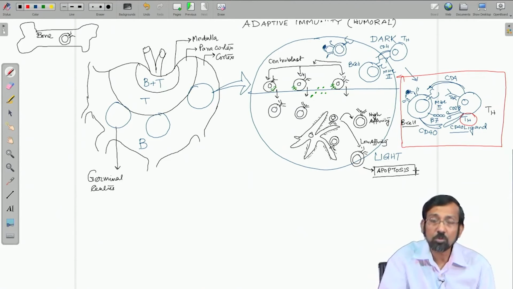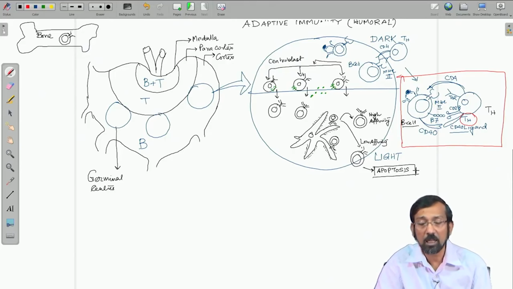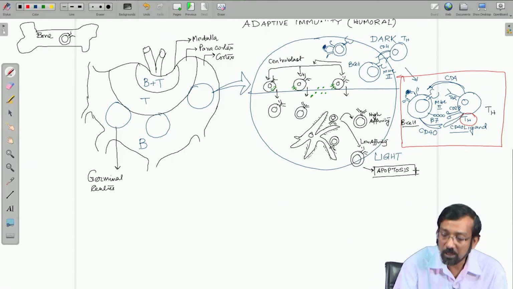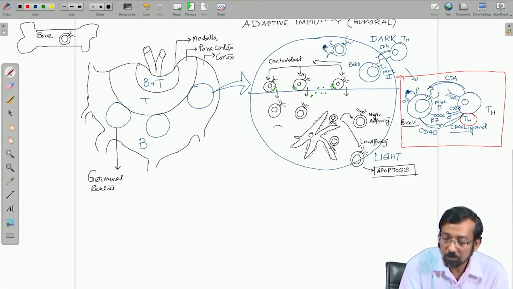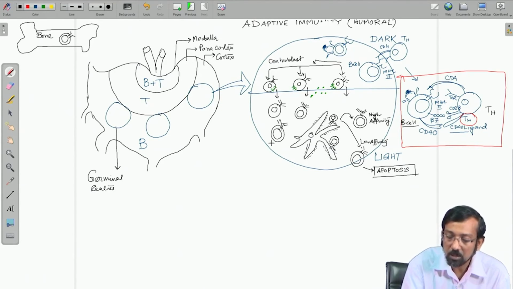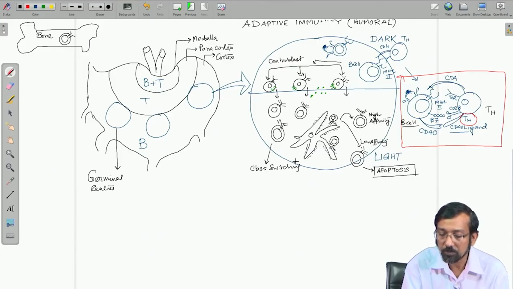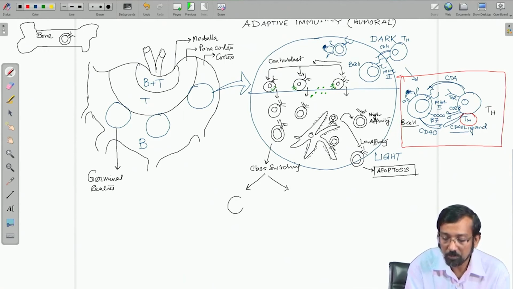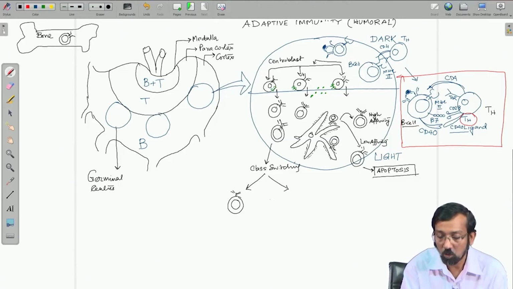or programmed cell death. So, those which are selected for high affinity antibodies will now undergo a phenomenon of class switching. So, now they will start class switching, and finally, they will produce either the memory B cells or the plasma B cells.